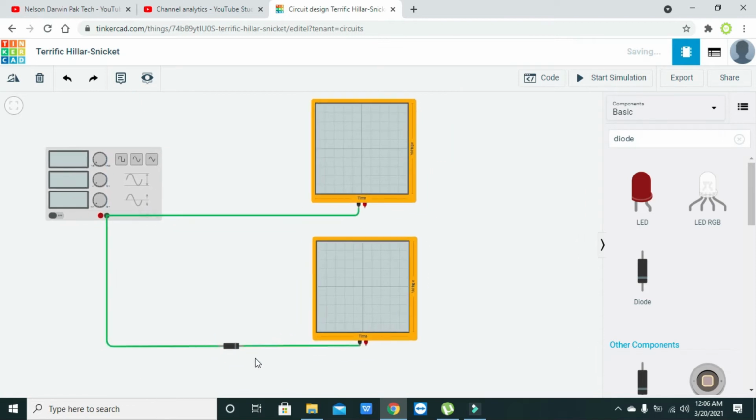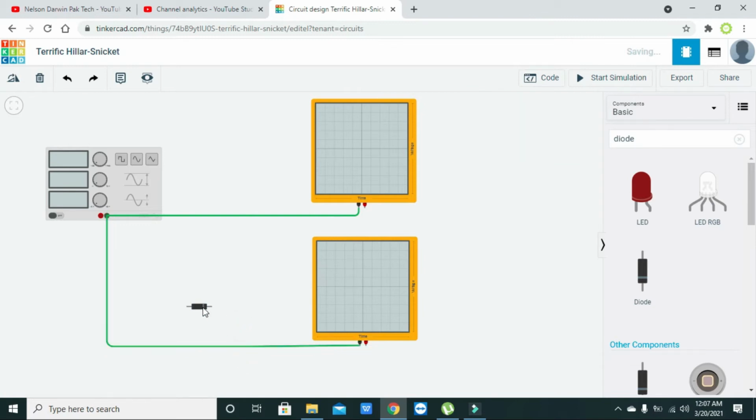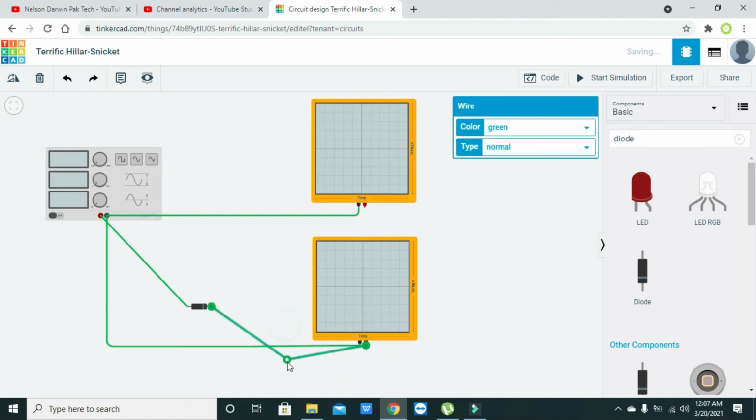Now we need to take our diode here. We will attach its positive side to the positive, and its negative side to the positive of the oscilloscope, like this one.